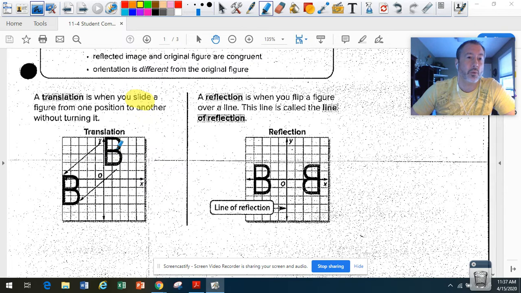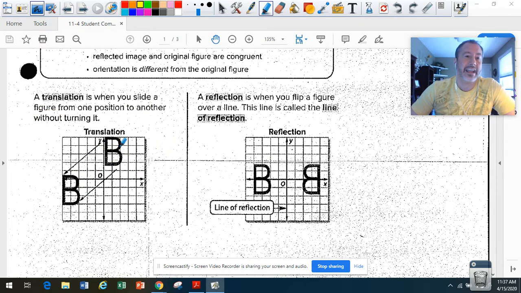So as you see here, we start without turning it. That's going to be key here, without turning it. Here's our original, this B up in quadrant 1. If they want us to slide this, we slide it down to our new image right down there. So what we did, we slid this image across.